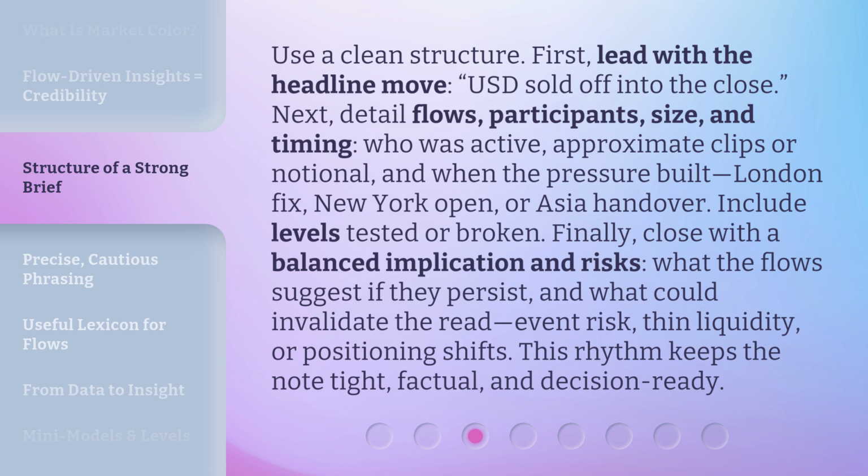Include levels tested or broken. Finally, close with a balanced implication and risks. What the flows suggest if they persist, and what could invalidate the read. Event risk, thin liquidity, or positioning shifts. This rhythm keeps the note tight, factual, and decision-ready.